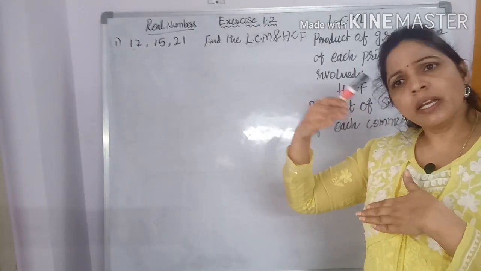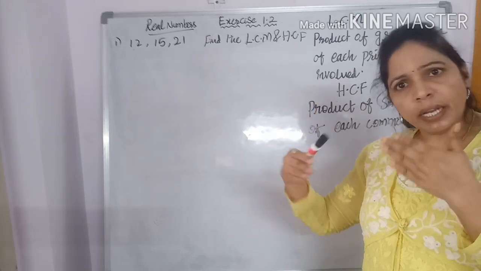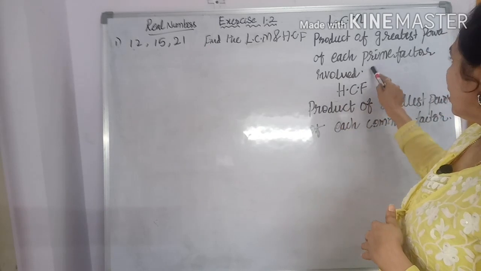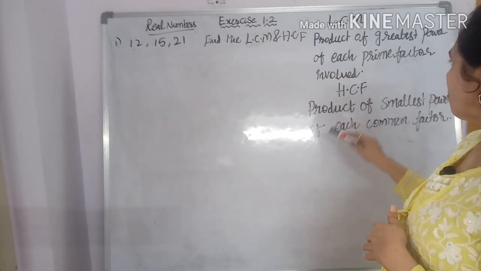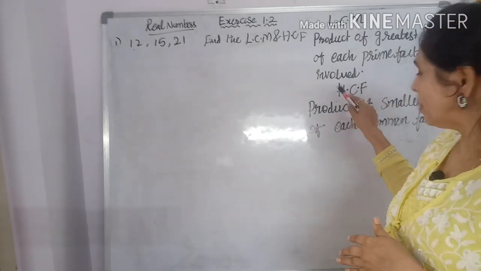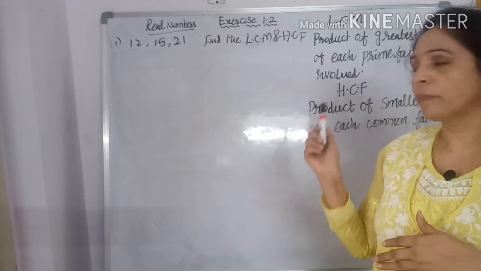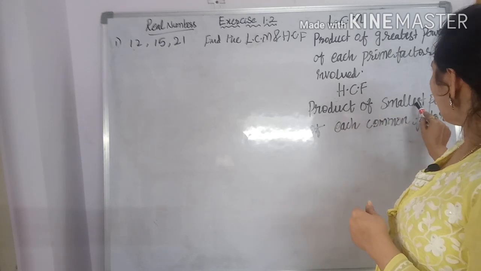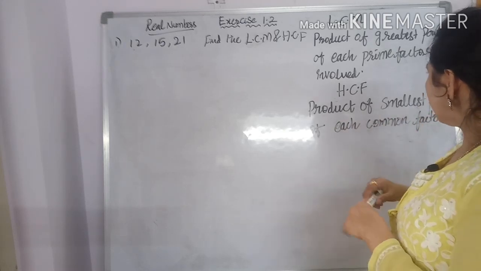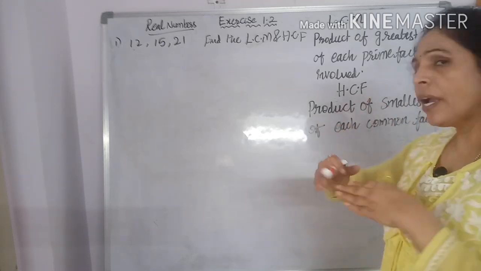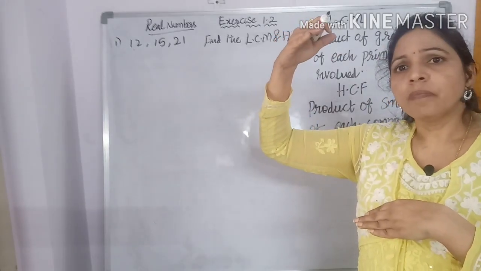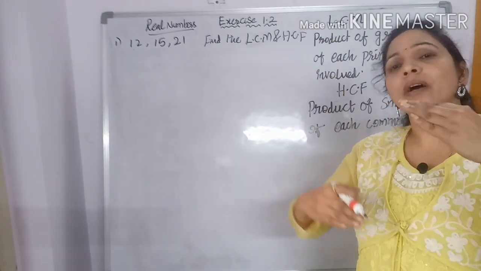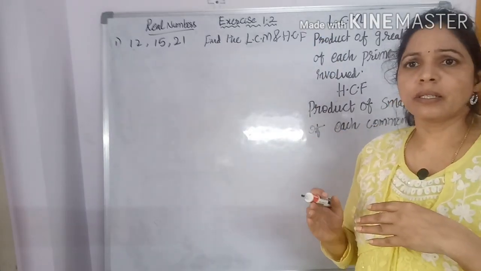Understood? And HCF means highest common factor. So the condition of HCF is the product of smallest power of each common factor. For highest common factor, we should take the lowest power of common factors.